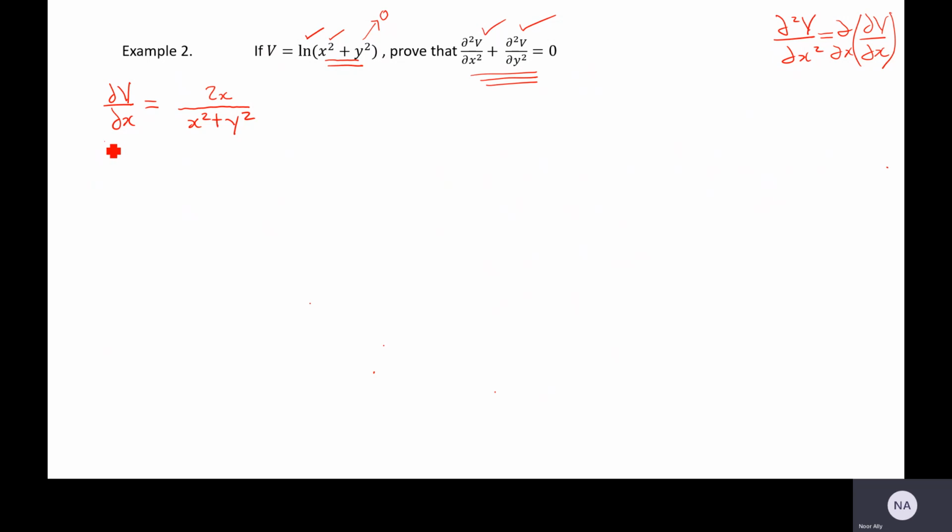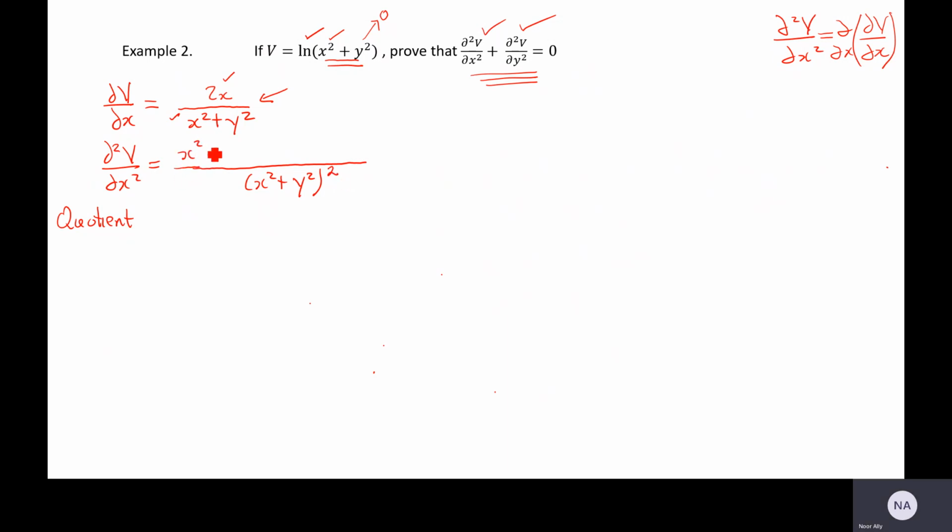Let's continue immediately. Partial d2v dx squared. Now I must differentiate this answer with respect to x again. And I notice there's an x in the numerator and denominator, which means I must use quotient rule. So take the denominator and square that, x squared plus y squared all squared.